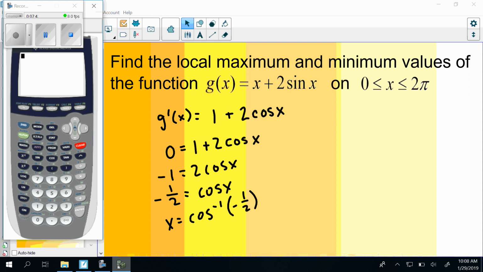So if we do inverse cosine of -1/2, got the negative here, -0.5, we get this value. Now remember, these numbers should be in radians here.